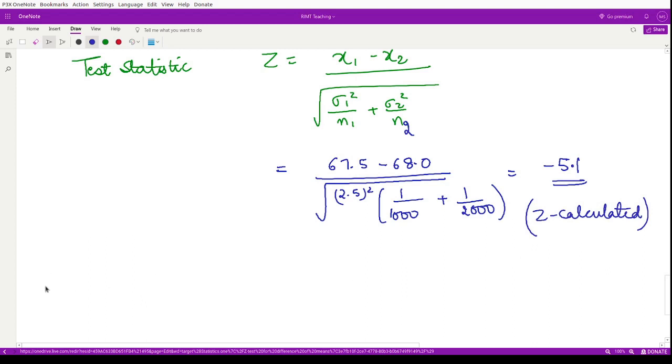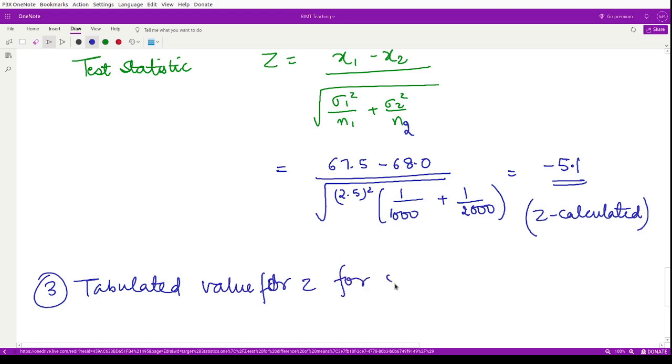So now the next step is to get the tabulated value for Z for 5% level of significance. If you refer back to the table, there you would see the value for Z for 5% level of significance.